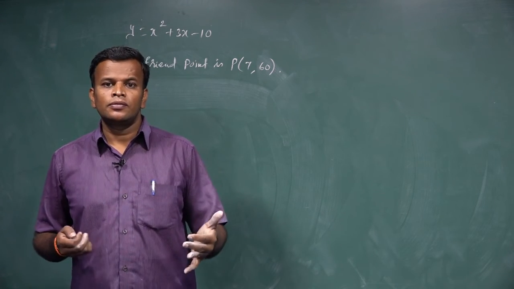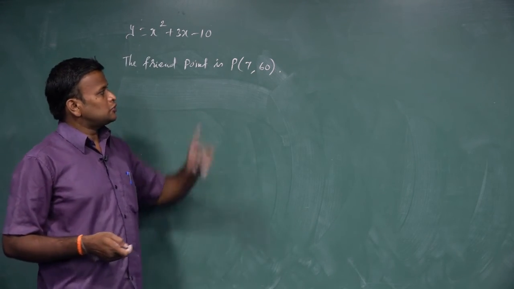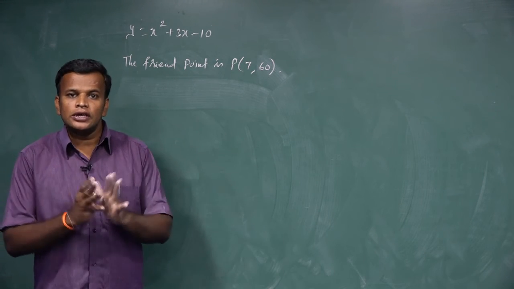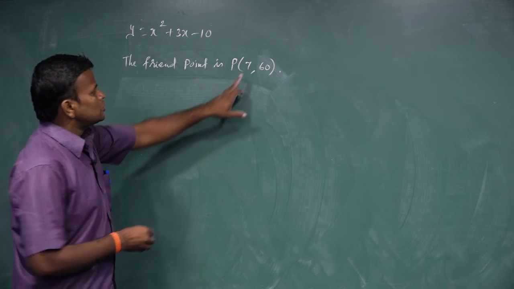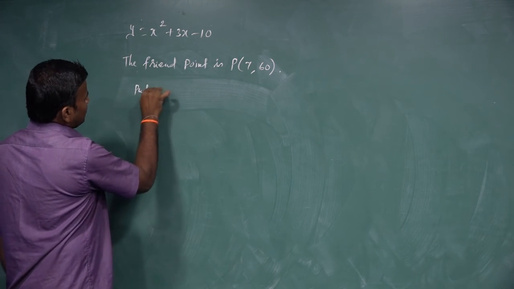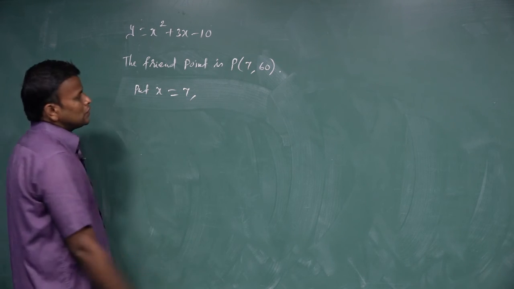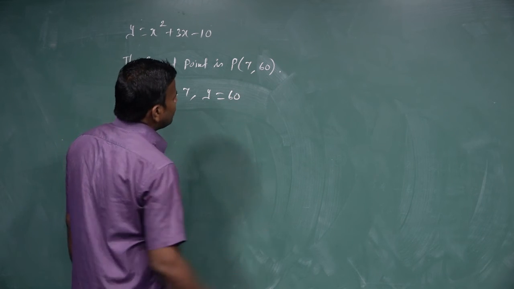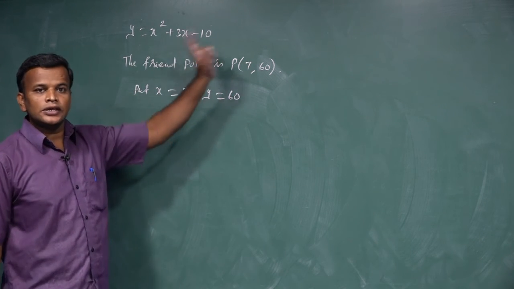So the next step is to check whether this point satisfies this equation or not. Satisfies means that LHS and RHS are equal. Always the first one is the value of x. So we put x is equal to 7 and y is equal to 60 in this equation.